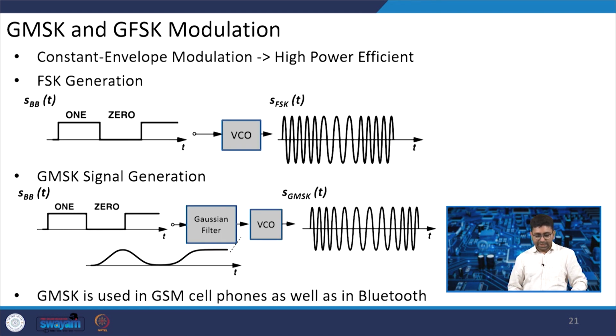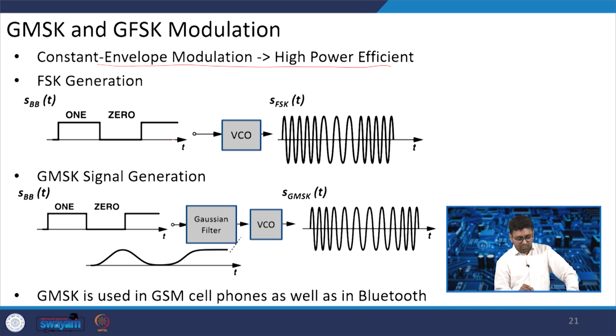That is why GMSK or GFSK modulation schemes are proposed and used in the current GSM standard. Constant envelope modulation, as I told, requires a highly power efficient signal, and FSK generation we can easily do by using a VCO.